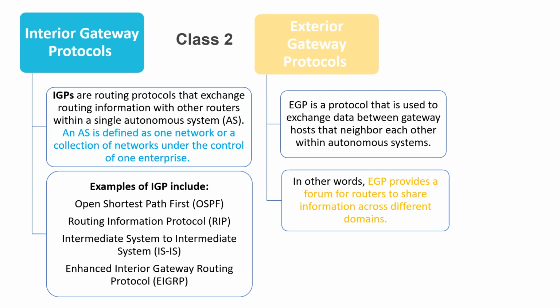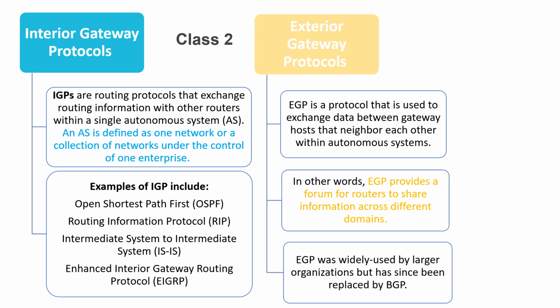So instead of sharing the routing information within a single autonomous system, these share the information across different domains. This can be used by a larger organization, but it has been replaced by the Border Gateway Protocol, which is another protocol that replaced this EGP.